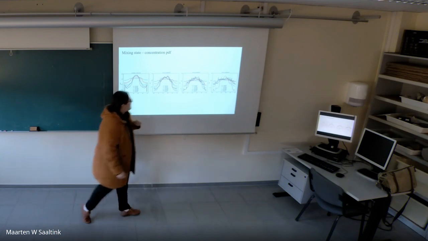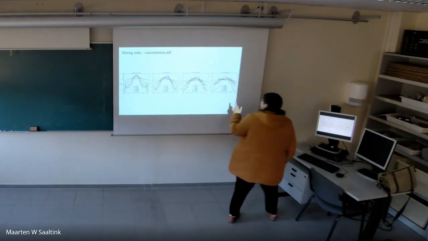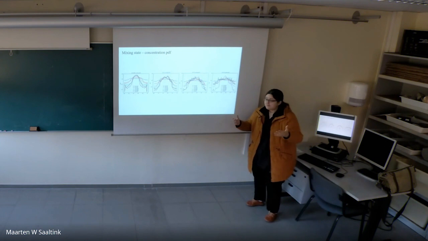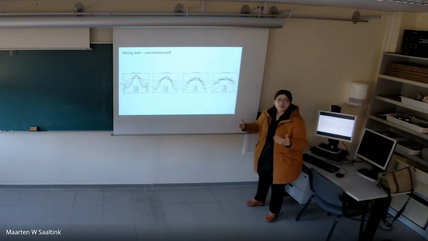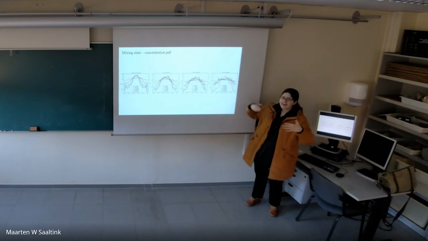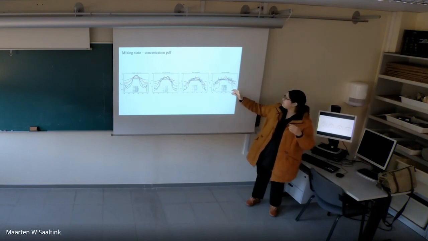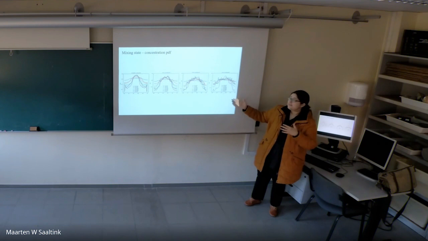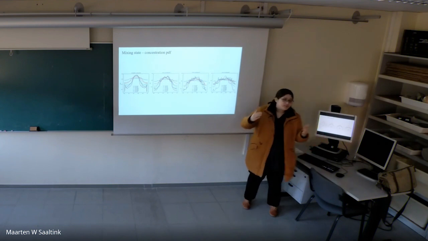Then, when we move to higher variances, the width of the PDF becomes larger, which means that the system becomes more segregated. So as a conclusion, we can say that the higher the variance of the permeability field, the more segregated the system.